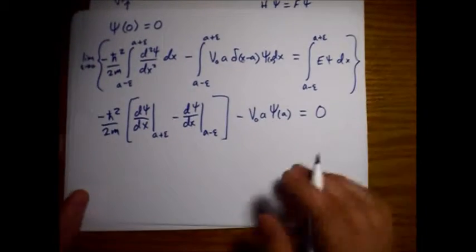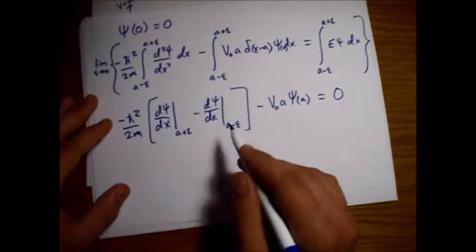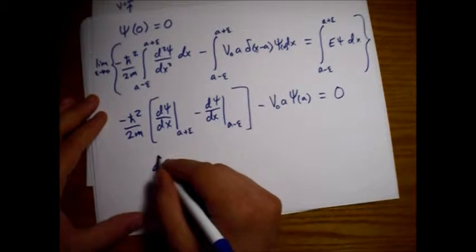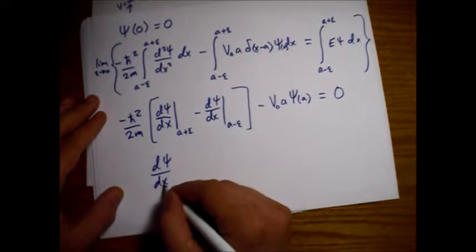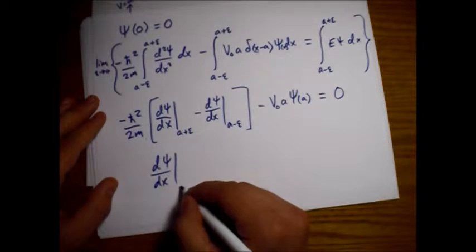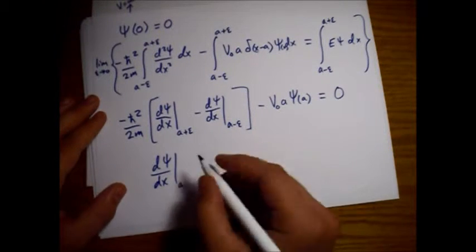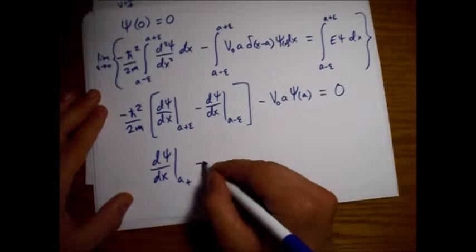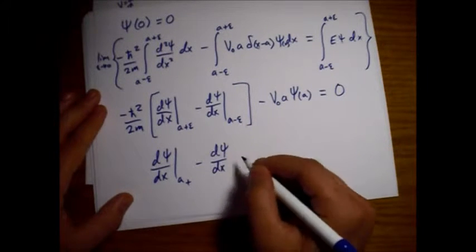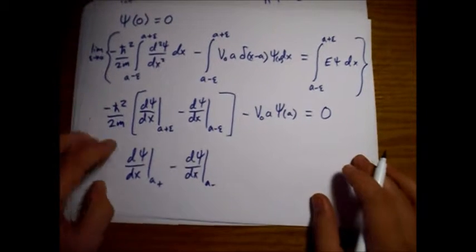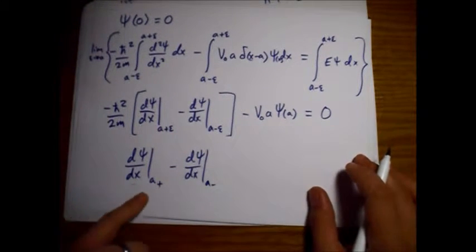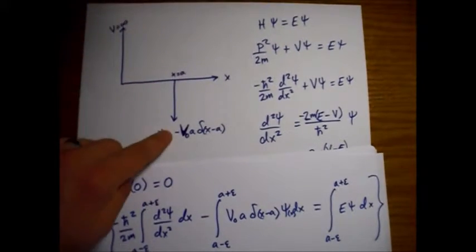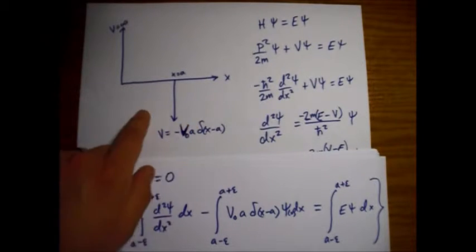All right, so let's write this out in a nice form, just rearranging it. I'm going to call this a plus and a minus, because all we're doing here is setting up our boundary condition on the derivative of the wave function at this point.